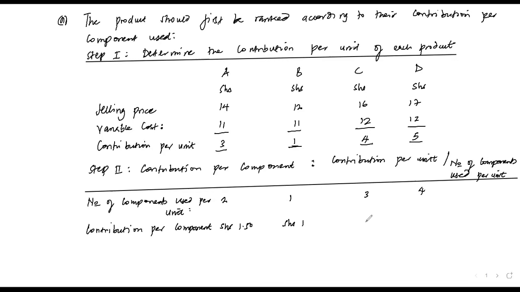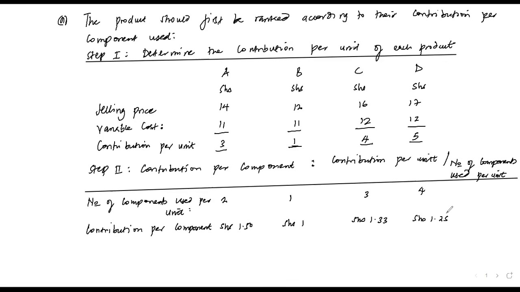Then 4 divided by 3, that is 1.33 per component. That's the contribution per component. Then 5 divided by 4, this is shillings 1.25 per component.